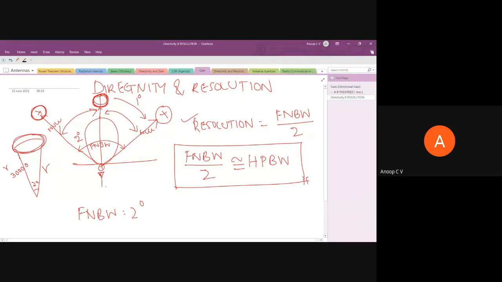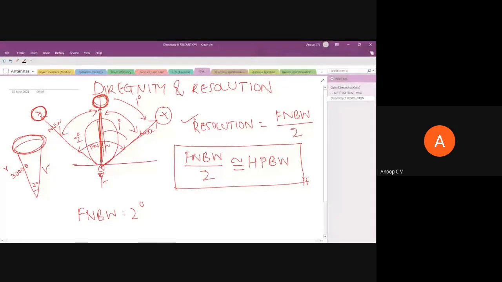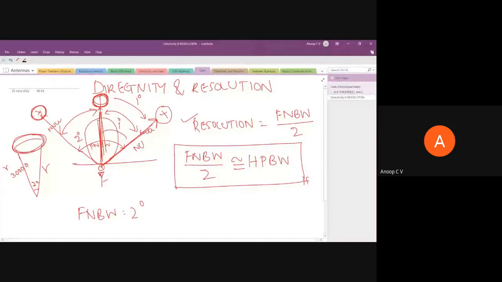That is, this antenna can resolve between two satellites placed 1 degree apart as seen by this antenna, so that along the main beam we will have our intended transmitter and the adjacent unintended transmitters will be along the nulls, right? That is the meaning.